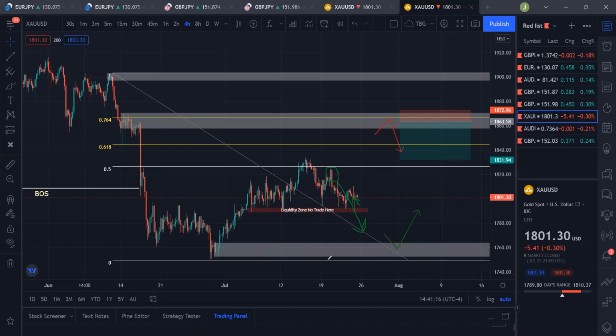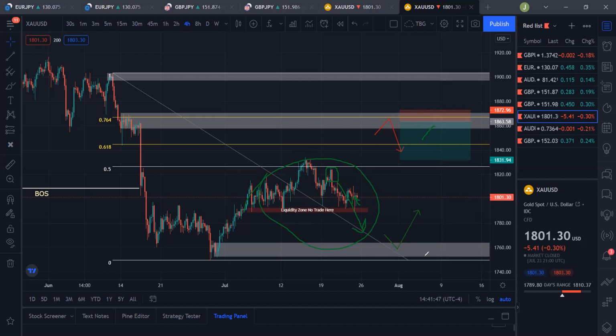Okay, so this trade that I have up here could be something that takes weeks. I've been looking at this area for a while, so that's why I have it there, even before all this right here.